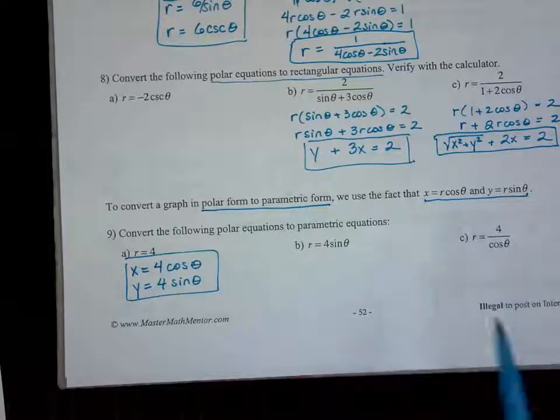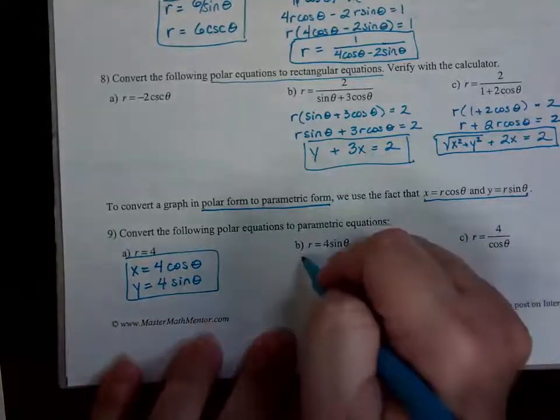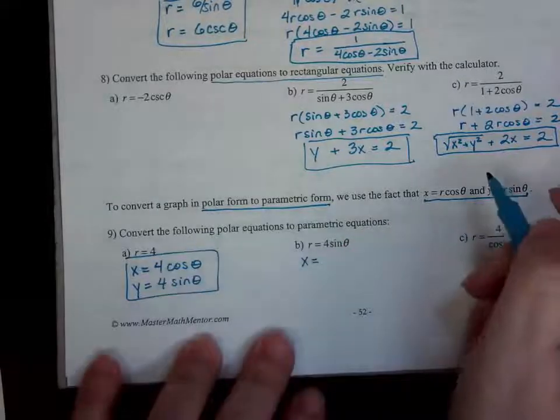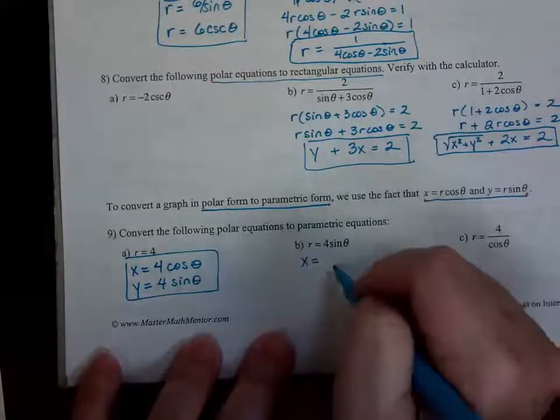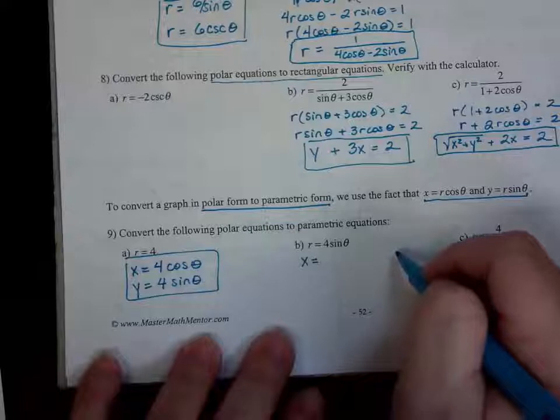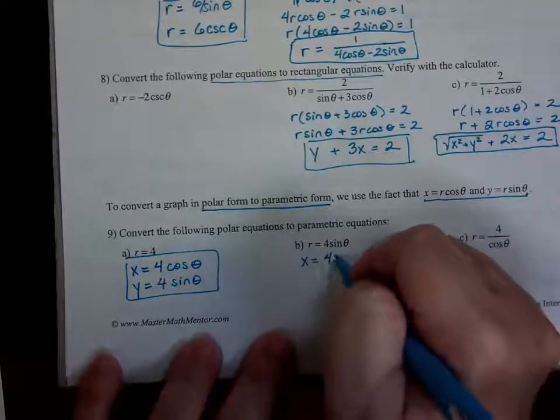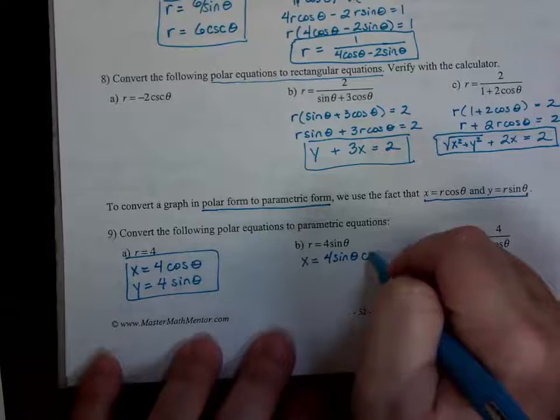So what would b be? X equals, be careful. Instead of writing r cosine theta, I'm going to write 4 sine theta cosine theta. Okay?